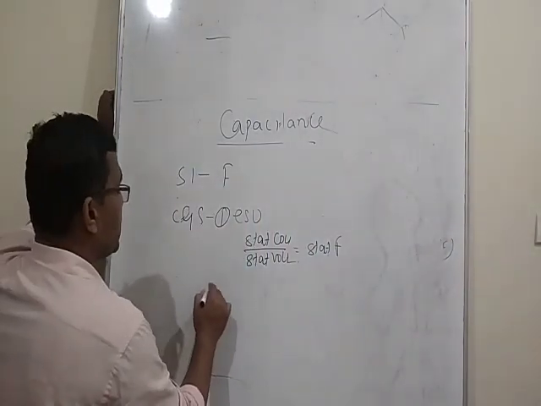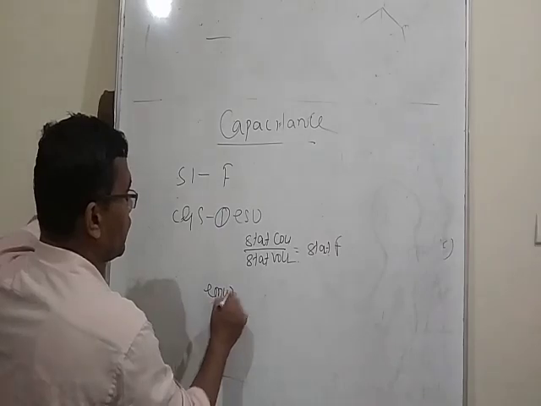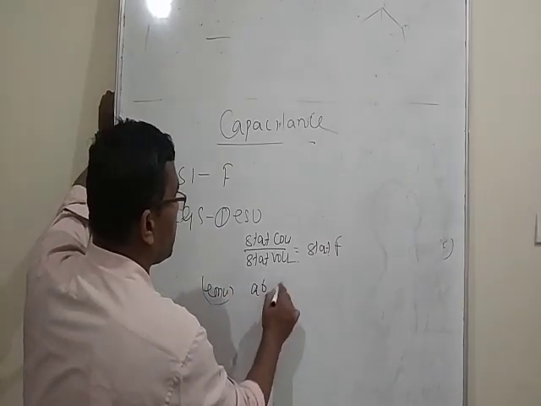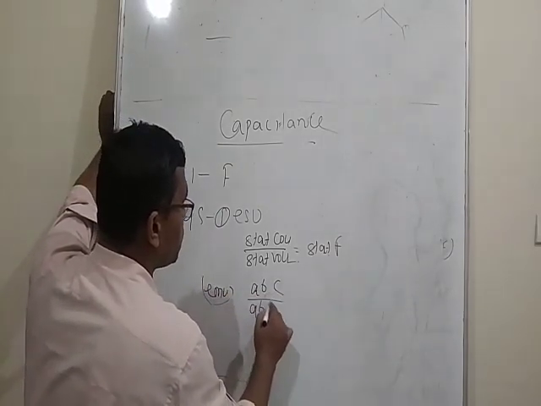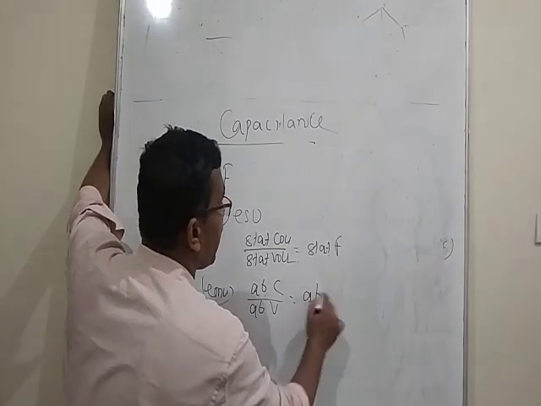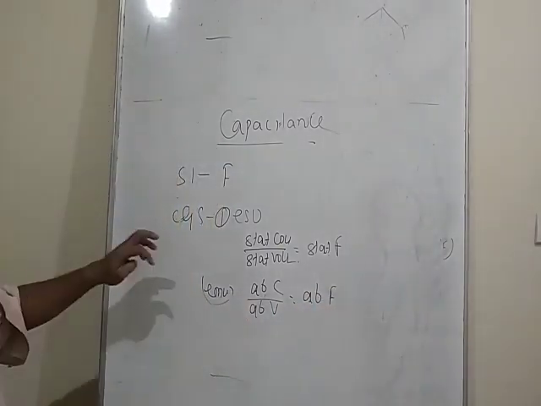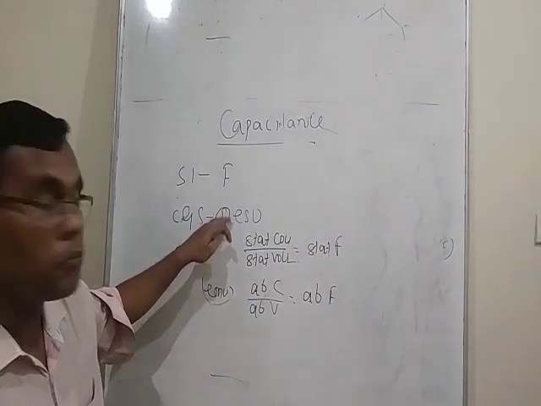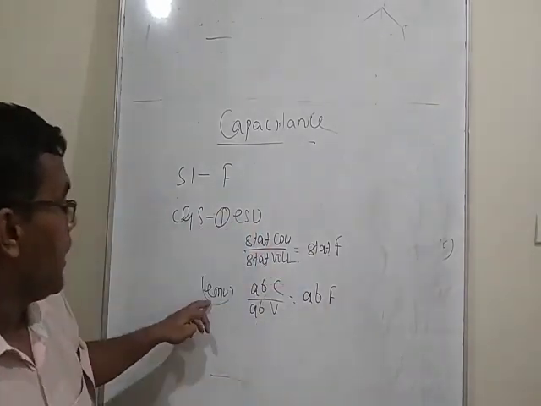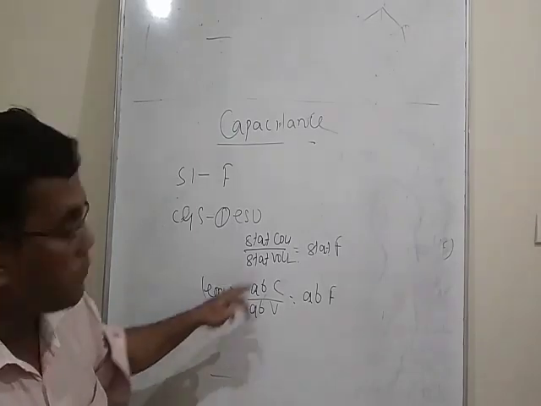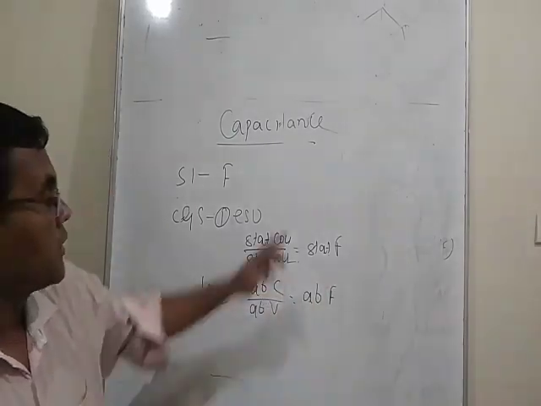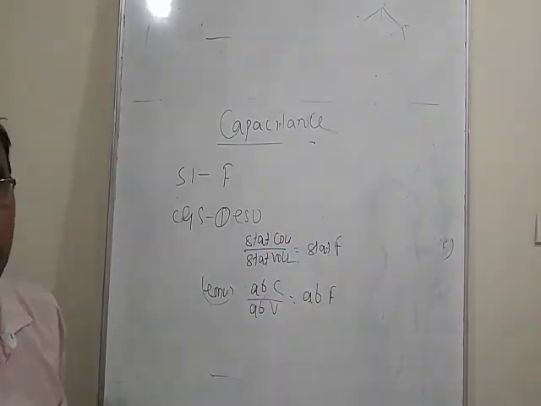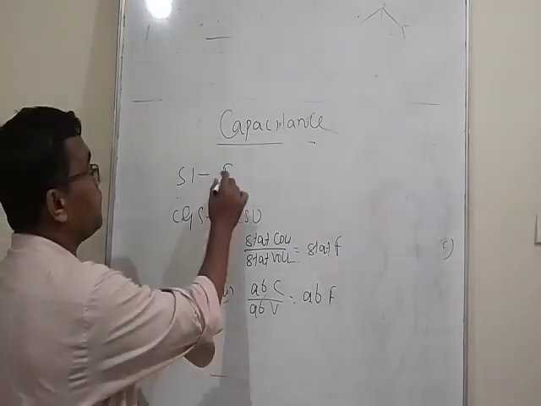And the EMU unit is abcoulomb divided by abvolt, that is equal to abfarad. So there are two CGS units. One is the ESU system, in which the unit is statfarad, and the second is the EMU system, in which the unit is abfarad, also called absolute farad. The SI unit is farad.